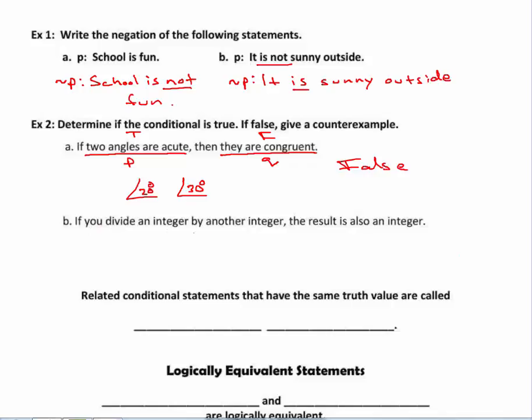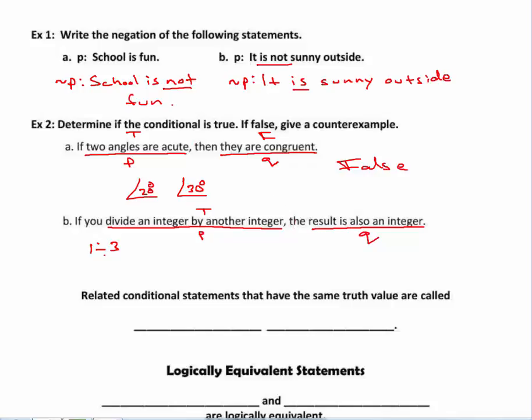So if you divide an integer by another integer, that's our hypothesis. Can you do that? Sure you can, right? You can do 1 divided by 3. That's an integer divided by another integer. The result is also an integer. That's the Q. And notice this one doesn't have a then.